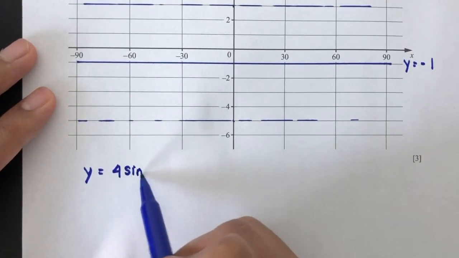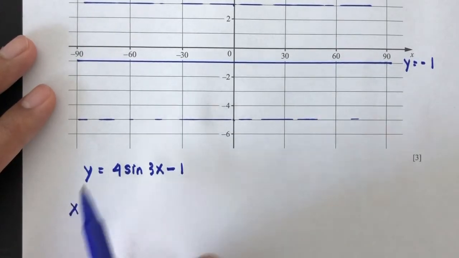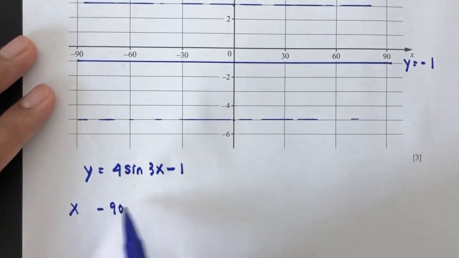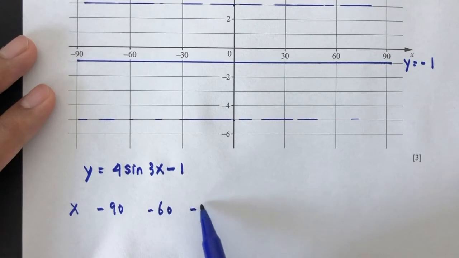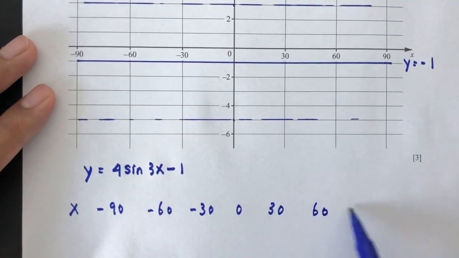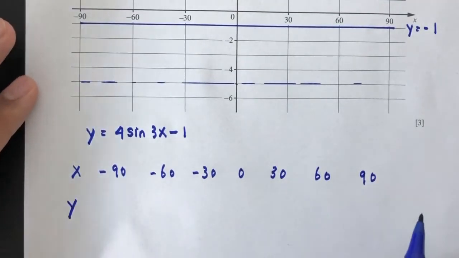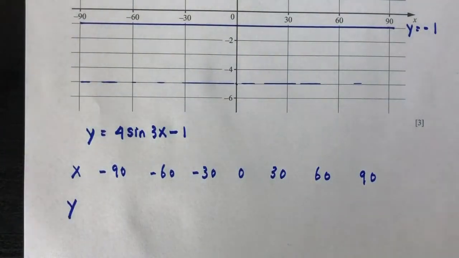y equal to 4 sine of 3x minus 1. So we have x here. It is minus 90, minus 60, minus 30, 0, 30, 60, and 90. Find the corresponding value of y. So you can just use your calculator for that.